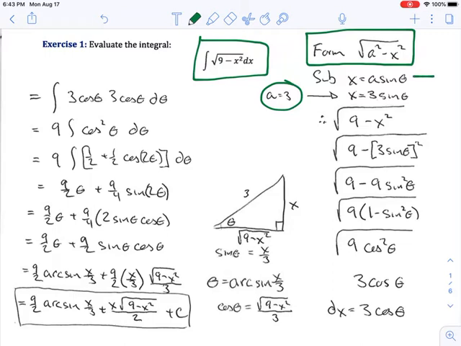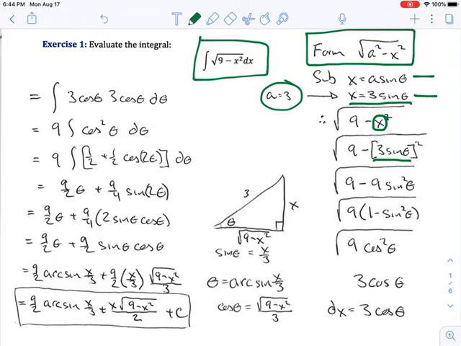With a being 3, we get the substitution x equals 3 sine of theta. The reason this is a substitution is that we are now going to substitute this value of x into the square root. So we remove the x and put in what x is equal to. Since x is equal to 3 sine theta, we remove the x and put in 3 sine of theta.